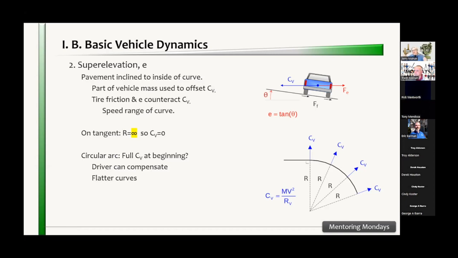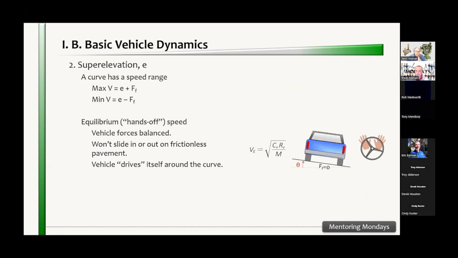So as you're turning into that curve, you're actually decreasing the radius of the traveled path and increasing the centrifugal force. So the driver is compensating to a certain extent. And we also get around it by using flatter curves. The flatter the curve is, a low degree of curvature or a very high radius, the less centrifugal force we have acting on the vehicle.